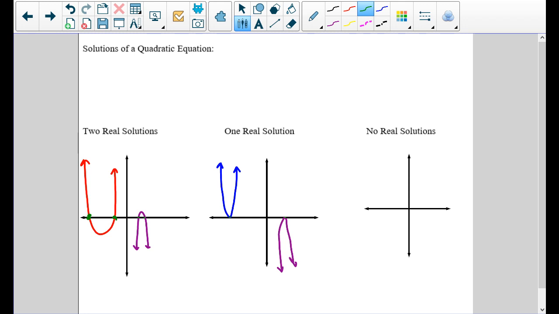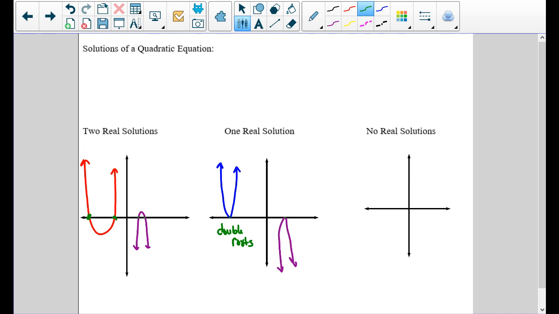So again, I only have one real solution there where that graph crosses the x-axis. Now, a lot of these times, these roots here are called double roots. Okay, and we'll talk about why they're called double roots later on.